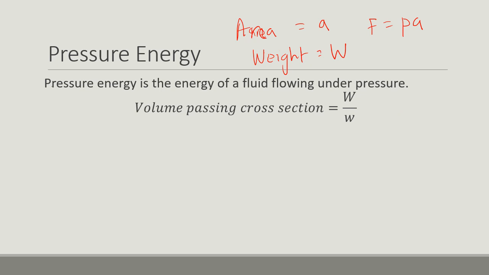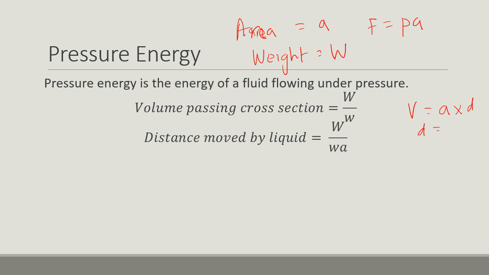So the volume passing through the cross section is W over specific weight, and the distance moved by the liquid will be weight over the specific weight times area. It makes sense because we know that volume is area times distance, so if we want to get distance, that will just be volume over area. I hope it's clear.